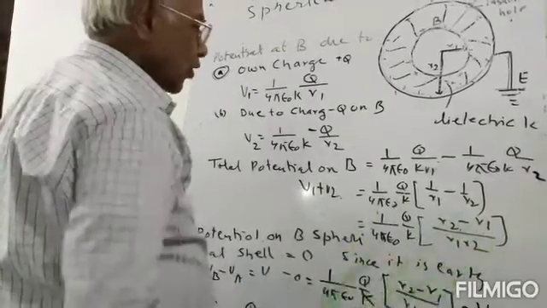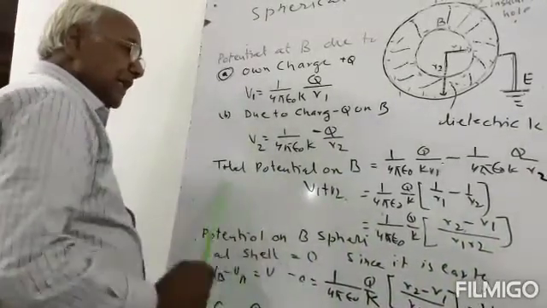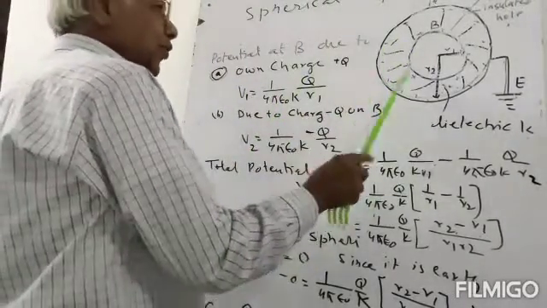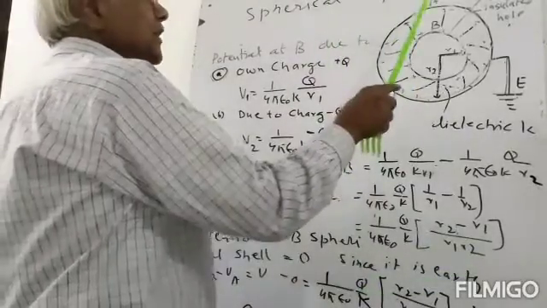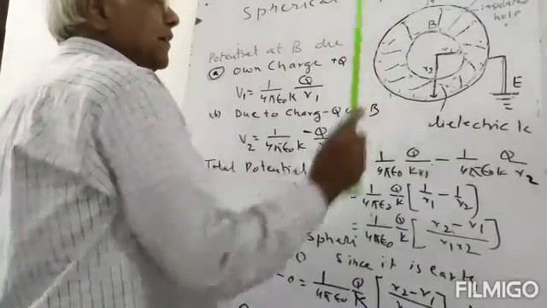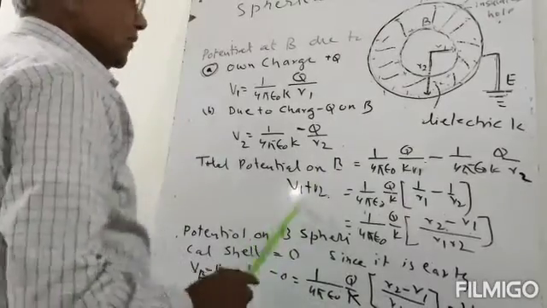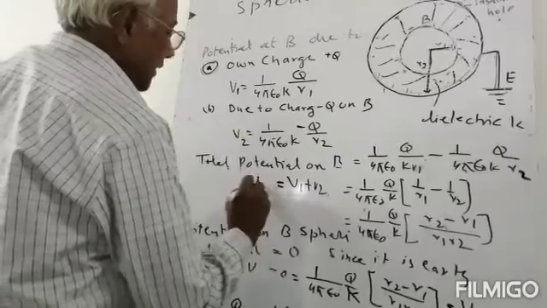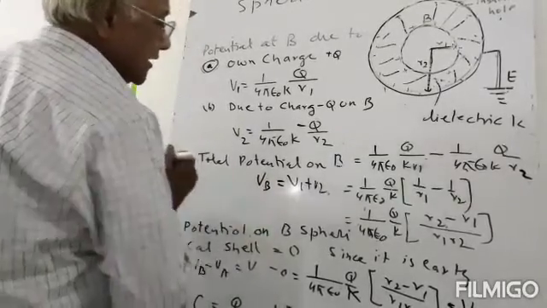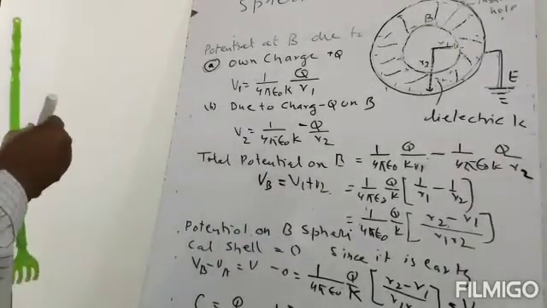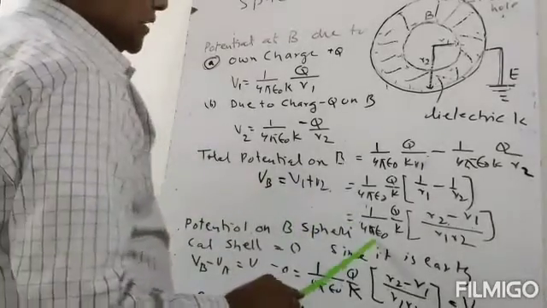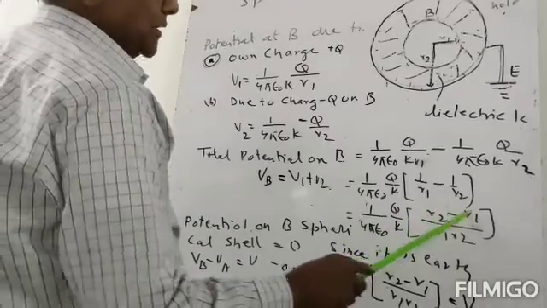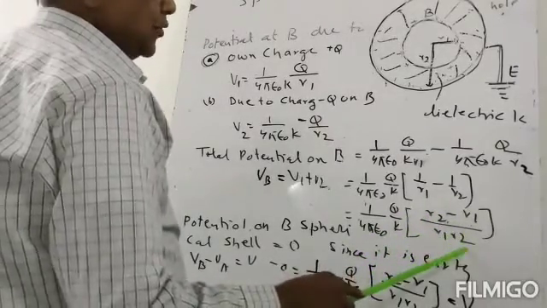So this will be the total potential on the B sphere due to its own charge and due to the charge on the A spherical shell. So this will be the total potential, and we can call it the potential of B. So we write VB, which is equal to V1 plus V2. This will be equal to 1 by 4 pi epsilon 0 K, Q into R2 minus R1 by R1 R2.